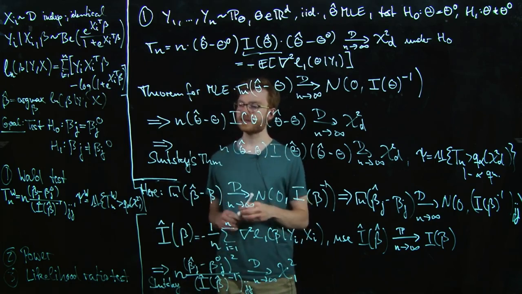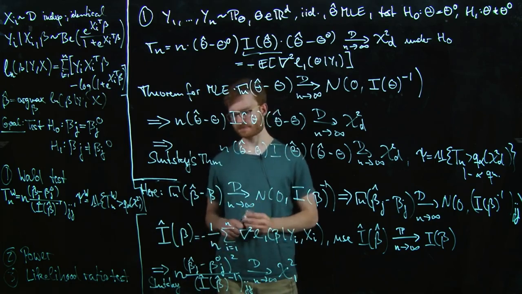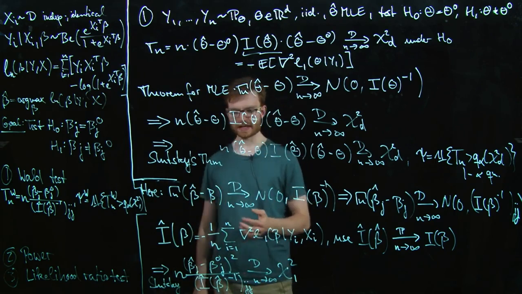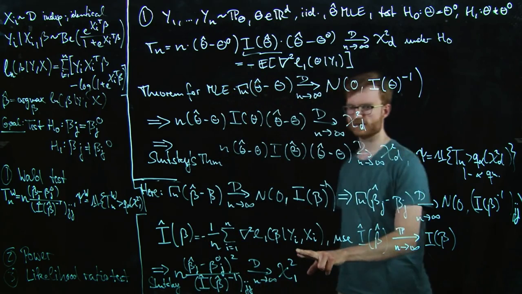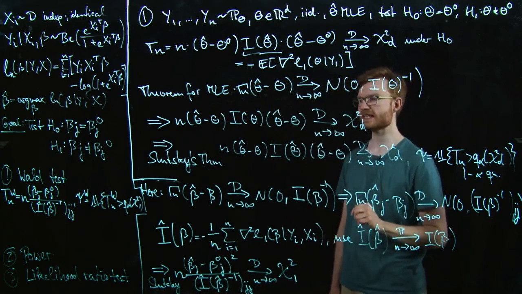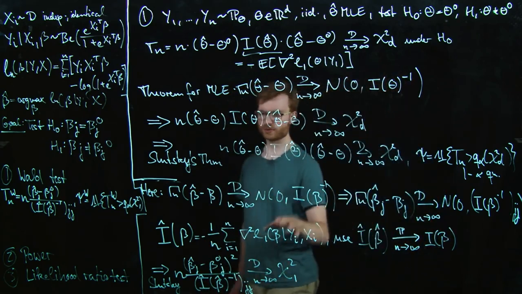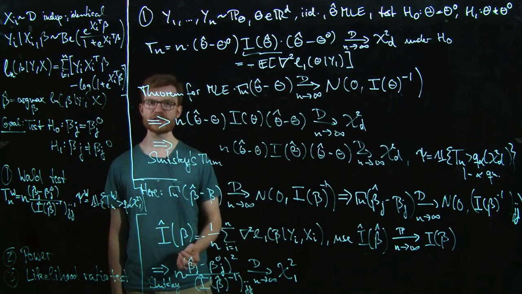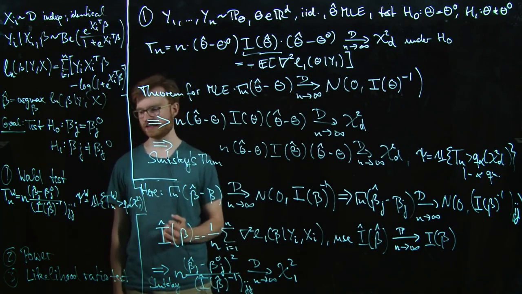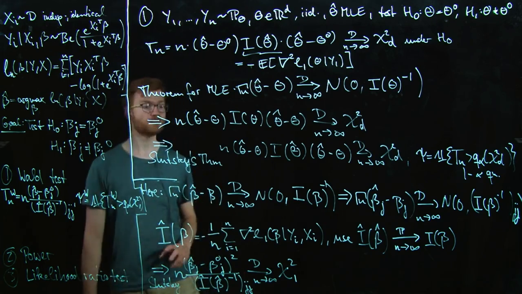Now the only thing that remains to maybe worry about is what this thing actually looks like. You already calculated the second derivative in class, but I want to go through the calculation again just to make sure that we're on the same page about this. Particularly, I'm going to reuse it when thinking a little bit about the power of this test.